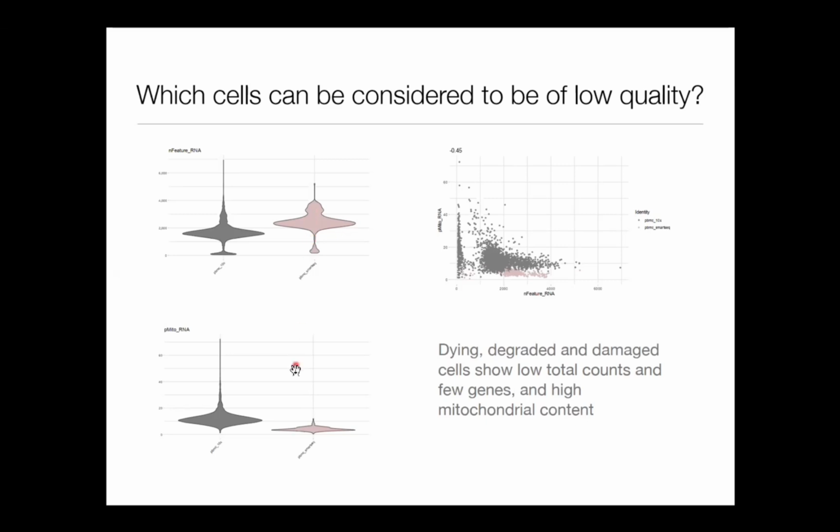Since we have two measures, we can plot them against each other in the scatter plot on the top right. On the x-axis, we have the number of genes found per cell, and on the y-axis, the mitochondria percentage. Every dot corresponds to one cell. And what we're looking for are basically cells over here that have a high percentage of mitochondria reads and a low number of genes detected.